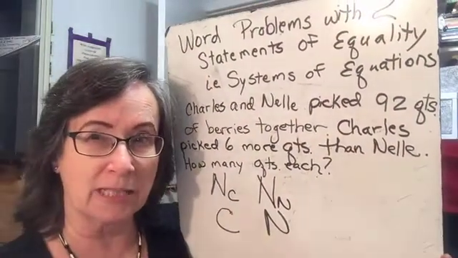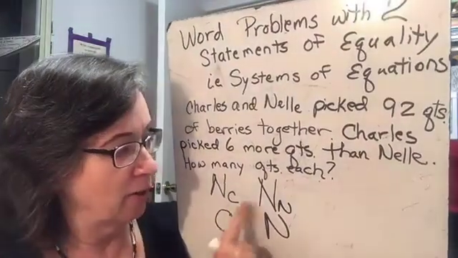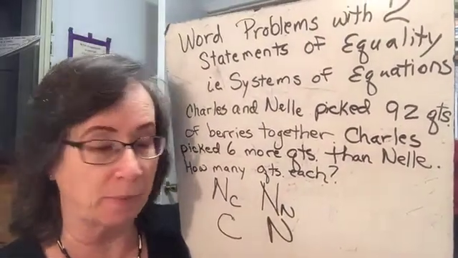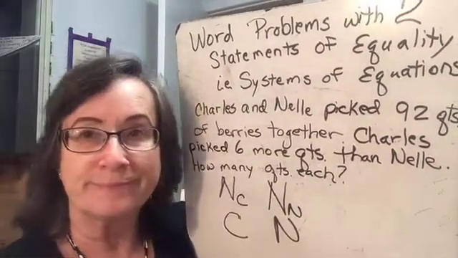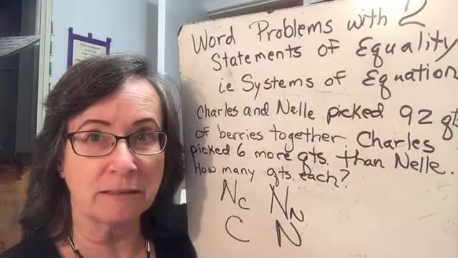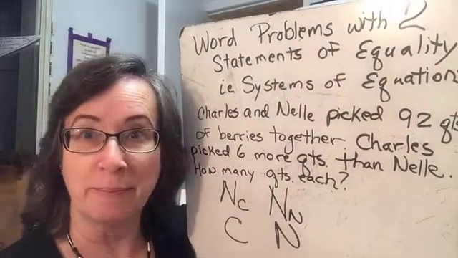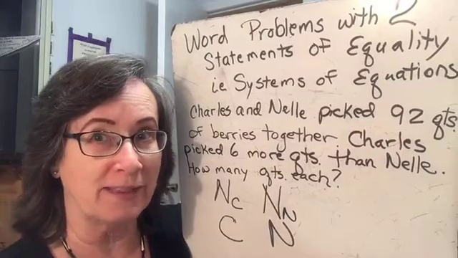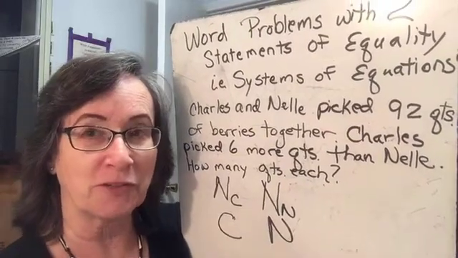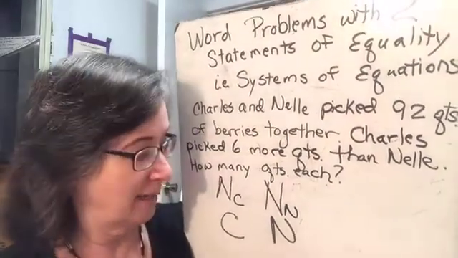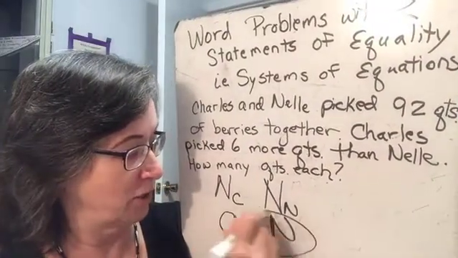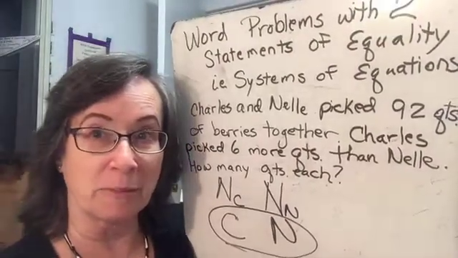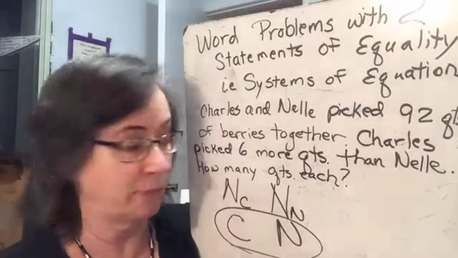Saxon books just kind of have a propensity for these subscripted variables. It's a preference, and I don't happen to share it. So you can do yours the way that your teacher prefers that you do it. I let my students use variables that make sense to them.